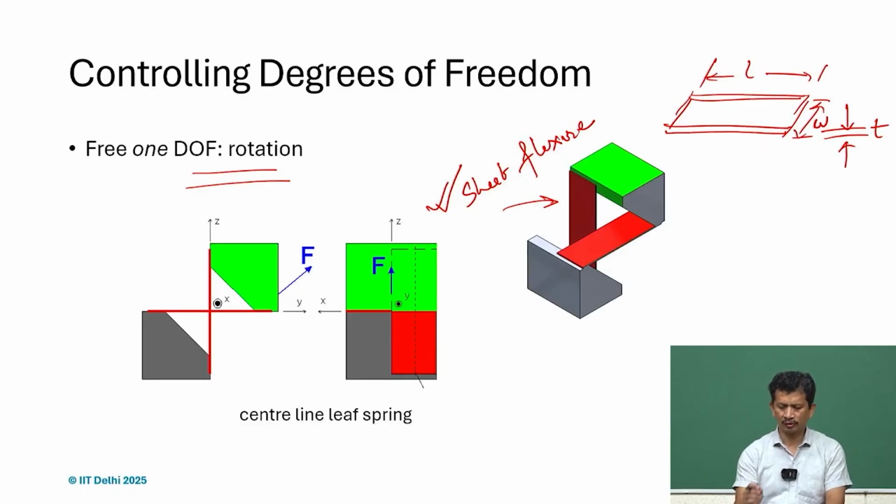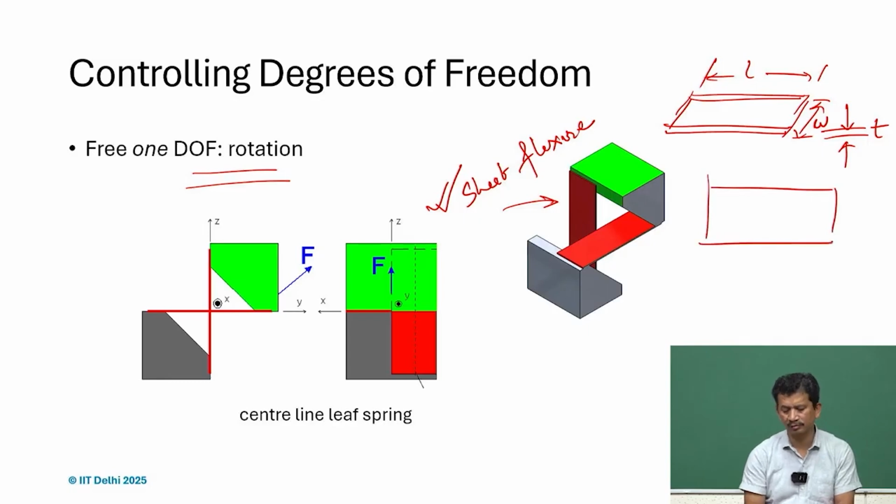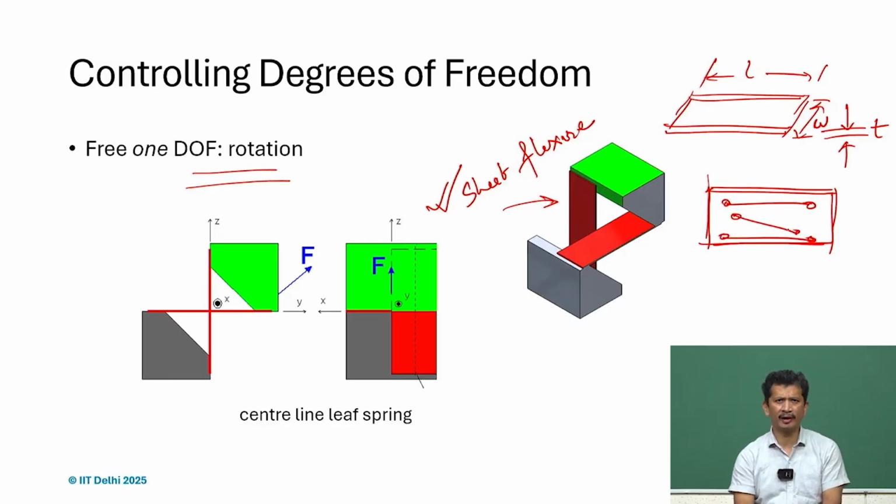So, the thickness is much smaller, and as we discussed earlier, whenever we consider this kind of sheet flexure or leaf spring, it is a planar element. It is equivalent to 3 constraints: 2 parallel and 1 diagonal element, and that is how it provides us 3 constraints and 3 degrees of freedom.